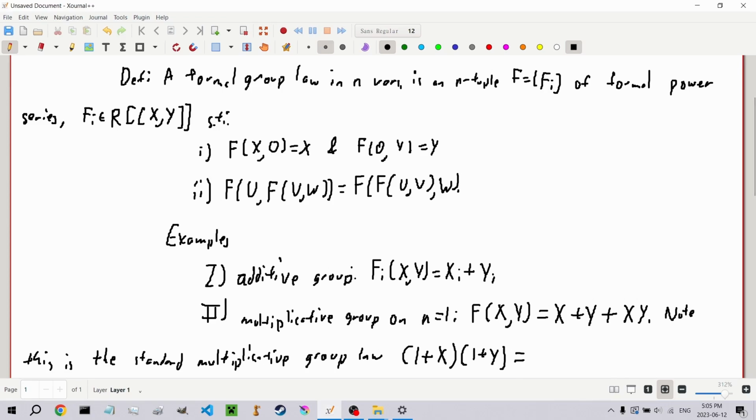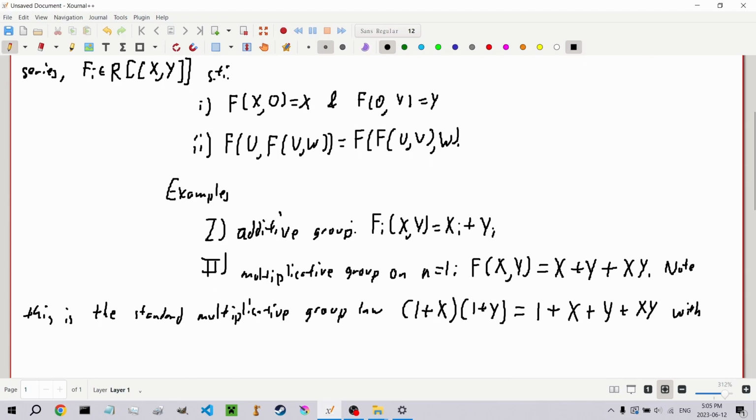In which case our multiplication is going to be written with our standard FOIL, 1 plus x plus y plus xy, with the 1 hidden.